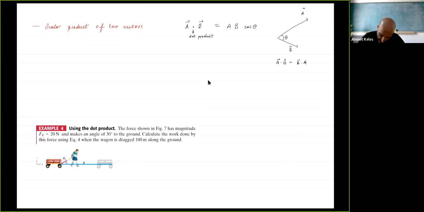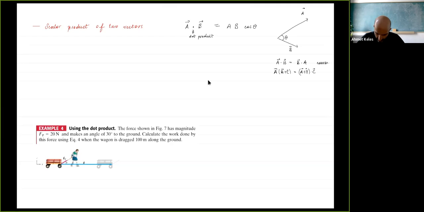So we call it commutative. And it also has this other nice property. A dotted onto B plus C should be equal to A dot B plus A dot C. Okay. So when you have such properties, it's actually a nicer thing to work with, right?